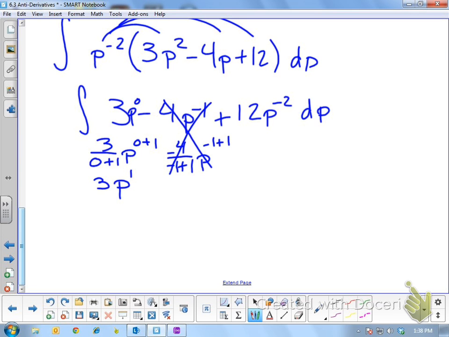So if we have p to the negative first, it's not going to work on the power rule. So this one doesn't work. This one we would add again p to the negative 1, divide by negative 1, so we get minus 12p to the negative 1. We're going to ignore the middle where I screwed up.